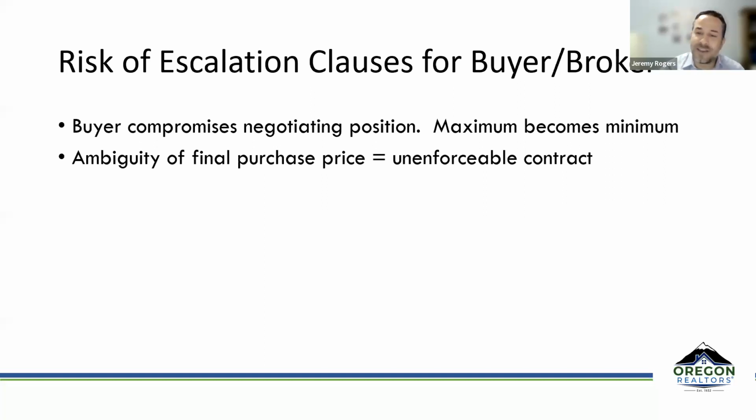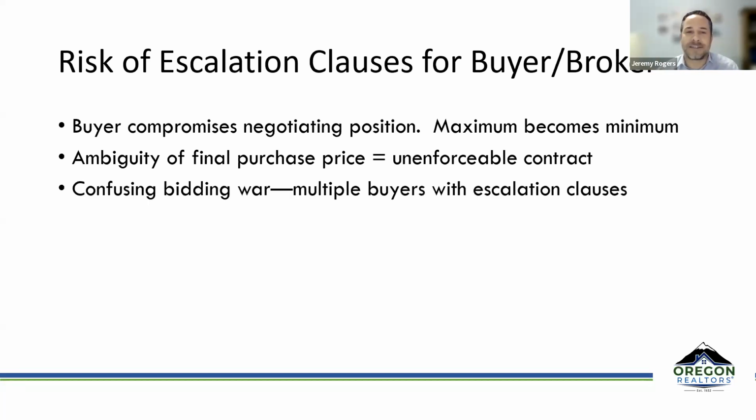Is that counted or is that not counted? Reasonable minds could come to a different conclusion on that if it's not written specifically into the contract, which means the seller could end up accepting an offer with an escalation clause believing the purchase price to be one thing and the buyer believing it to be another. We tried to avoid that with the way we've drafted our escalation addendum.